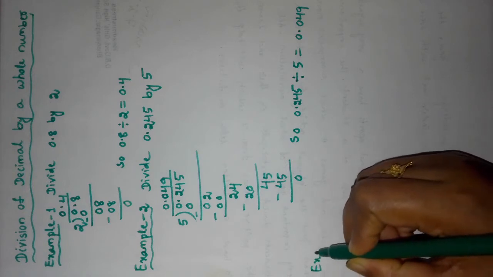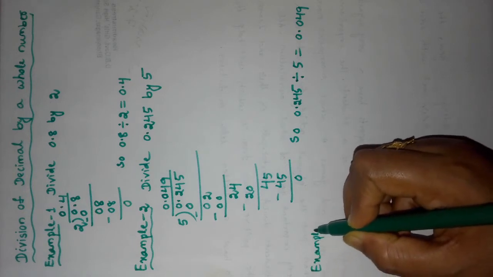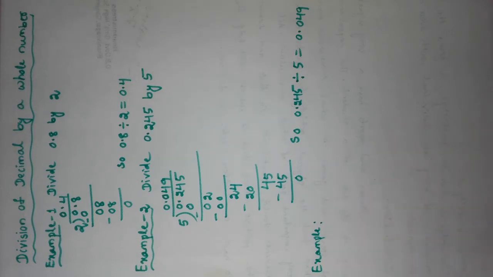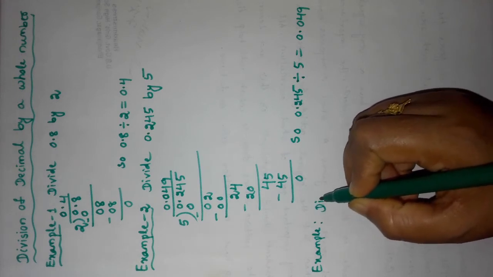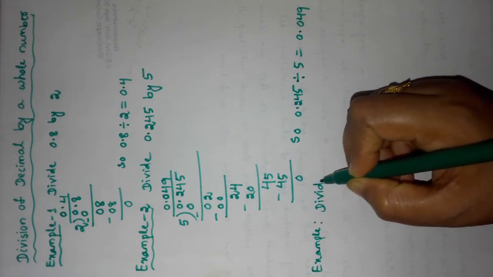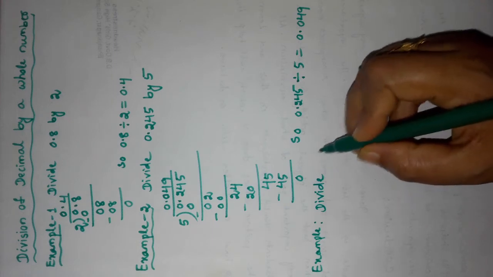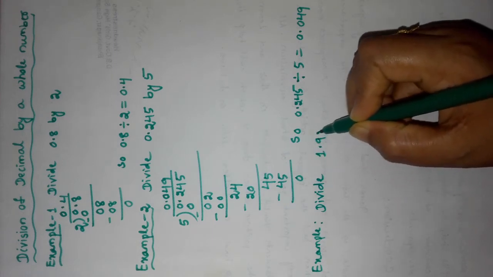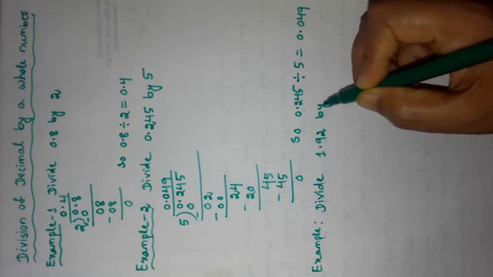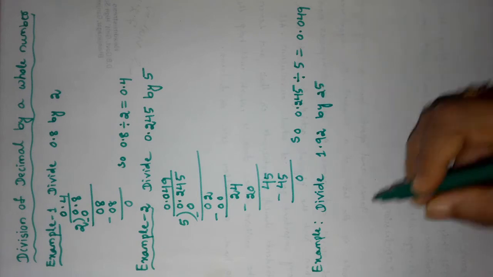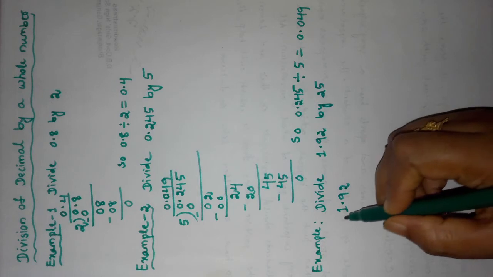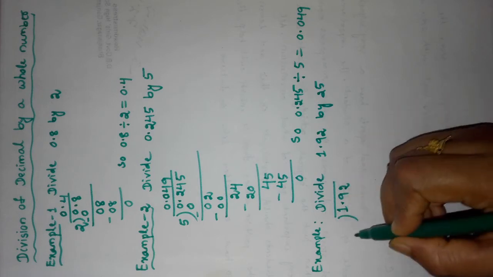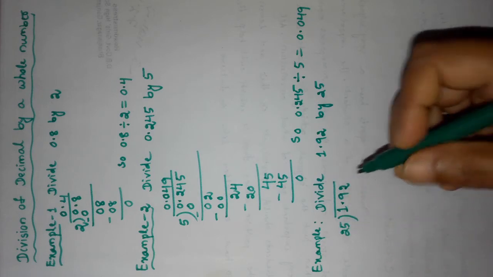Then let us take another example. Divide 1.92 by 25. 1.92 is the dividend and 25 is the divisor.